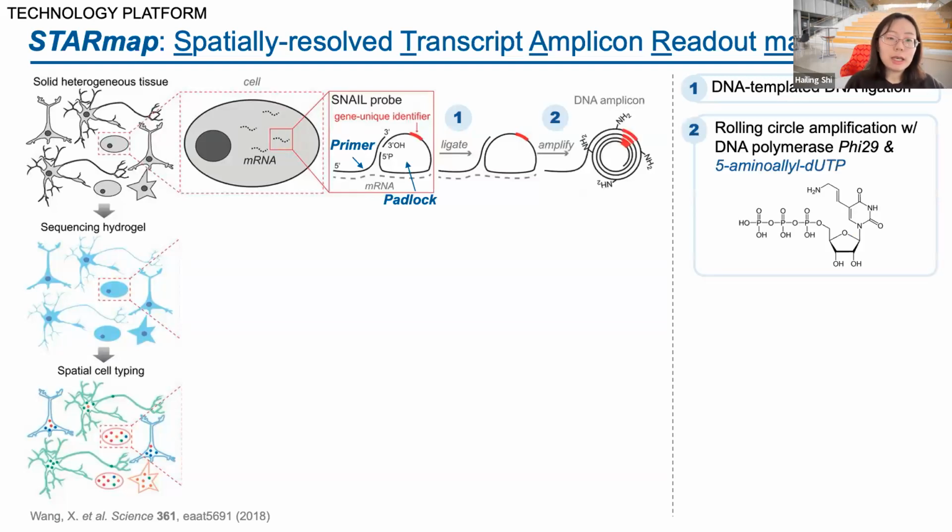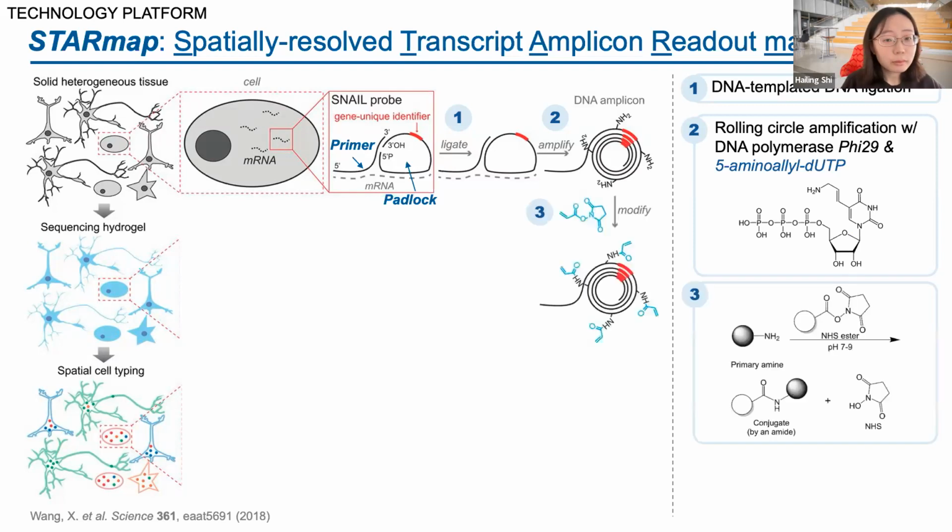Then the primer can initiate a rolling circle amplification to generate what we call a DNA amplicon. There is also a region on the padlock probe that contains a gene unique identifier, and during this amplification process, we get thousands of copies of this identifier generated in situ.